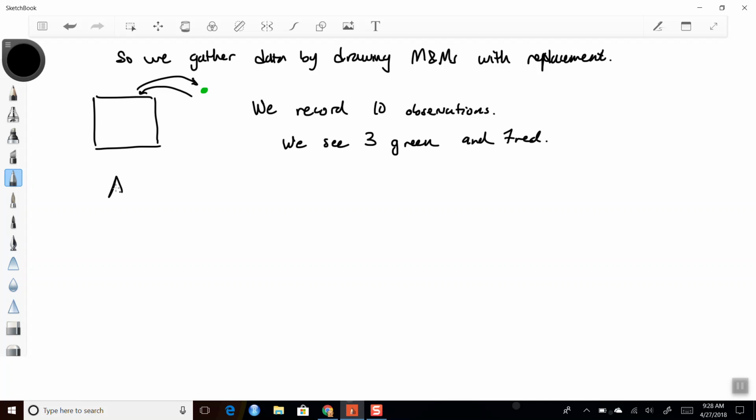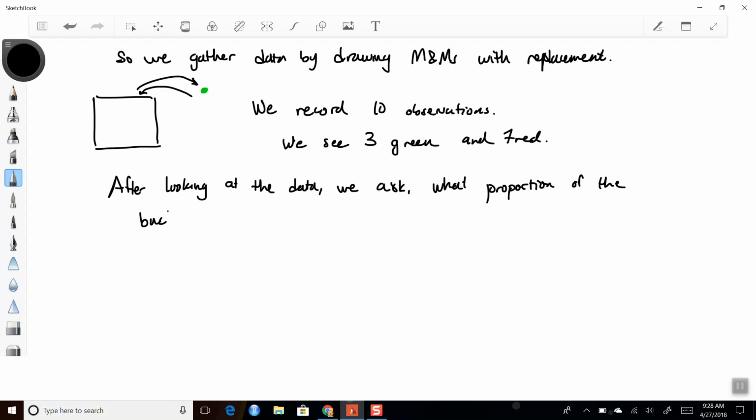After looking at this data, what do you think?